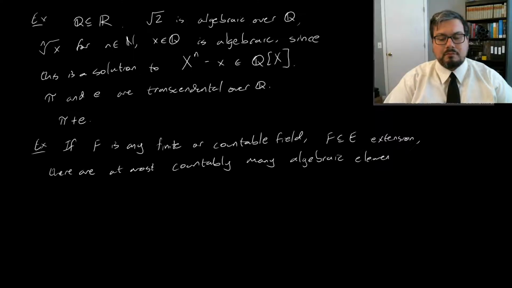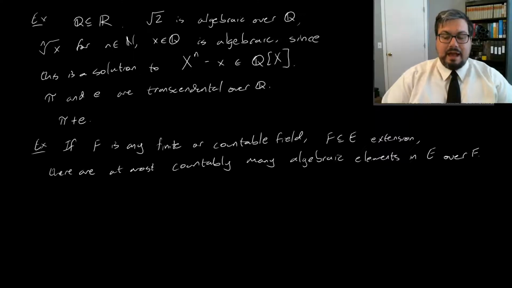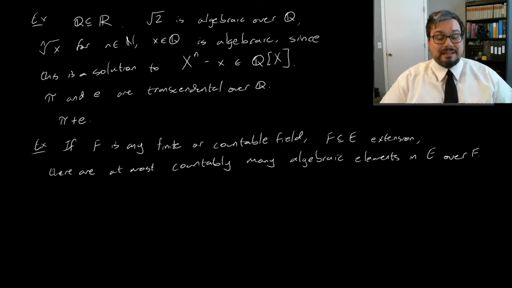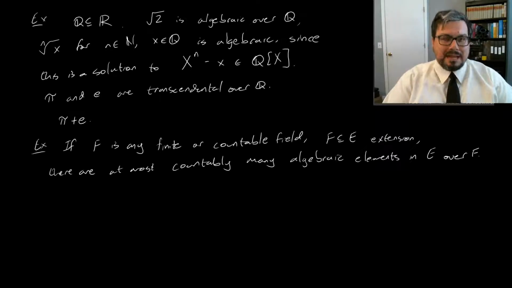In E over F. And the idea behind that is basically that there are only countably many polynomials of any given degree, and there are only countably many possible degrees, and so there are actually only countably many polynomials.